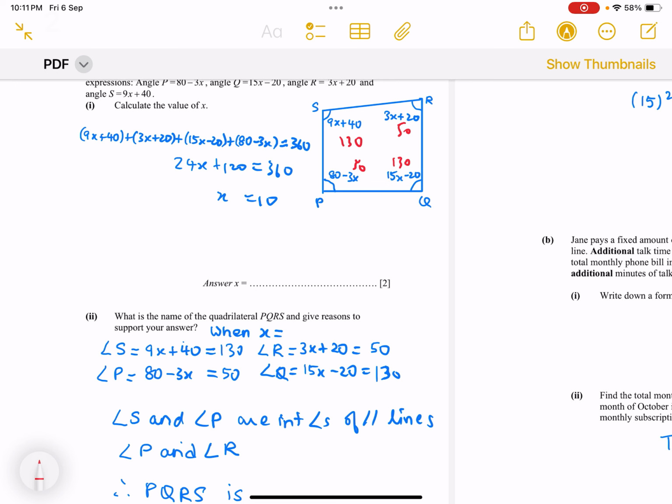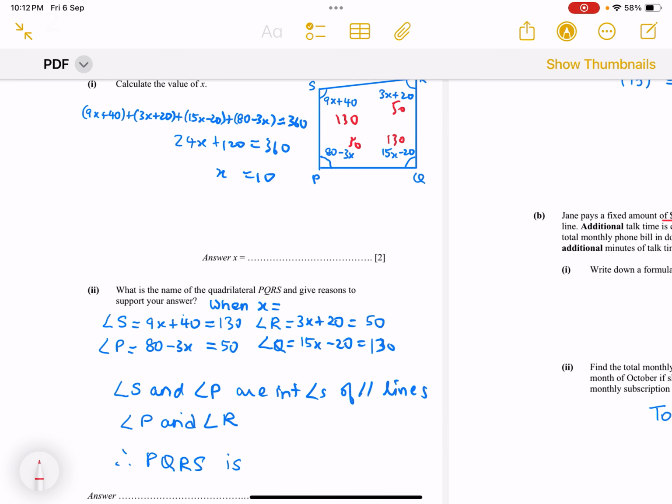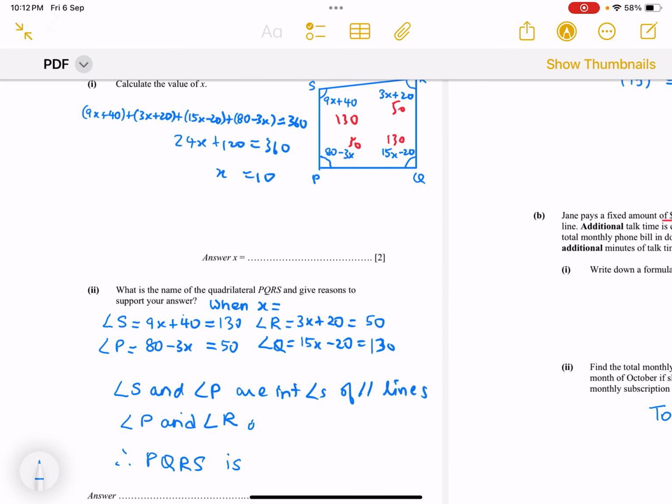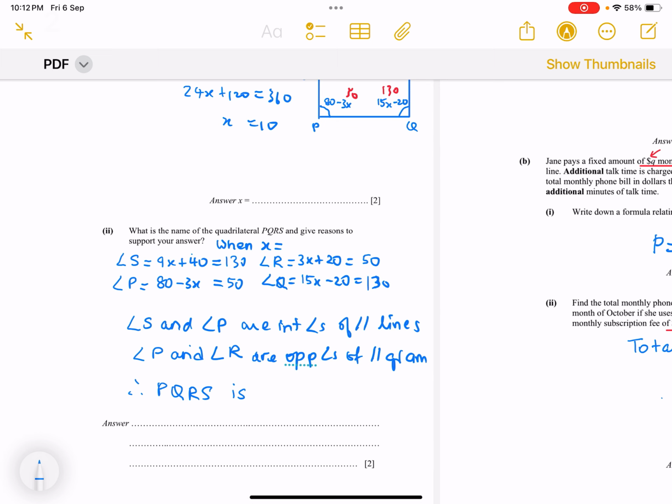So we also have opposite angles, right? Angle P and angle R are opposite angles of a parallelogram. So PQRS is actually a parallelogram.